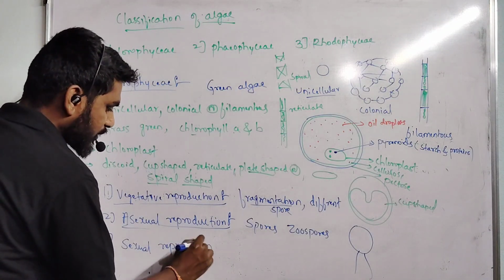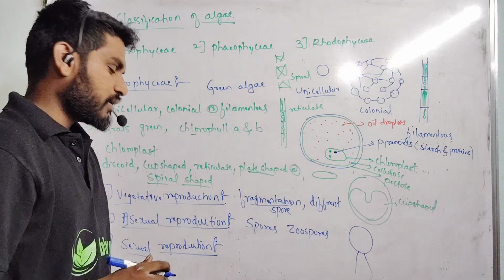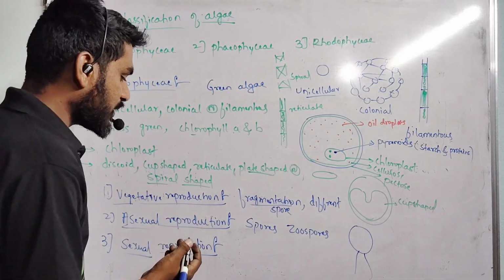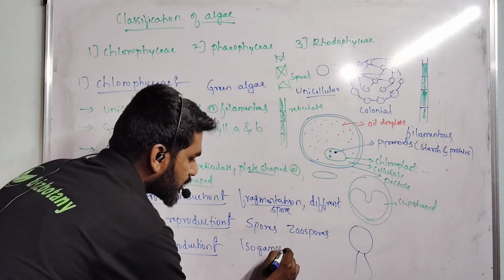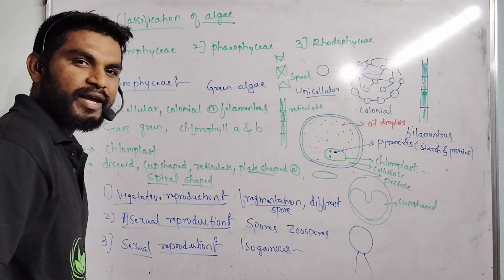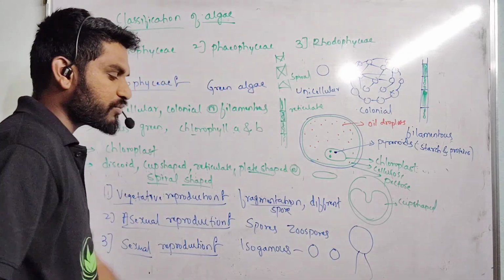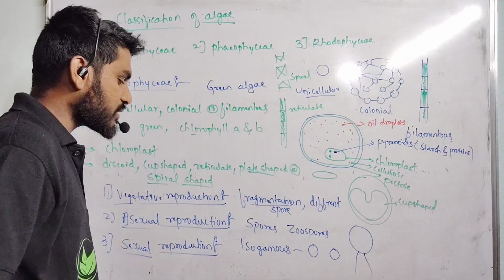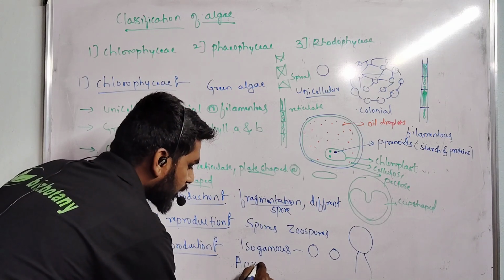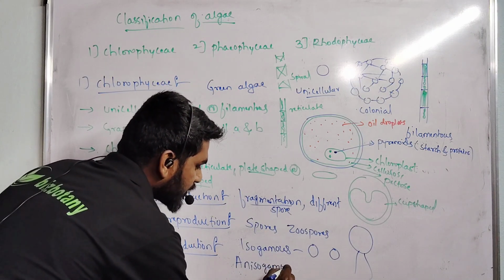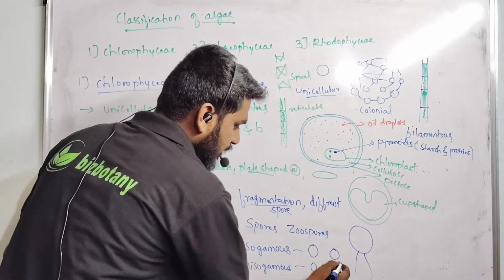In sexual reproduction of Chlorophyceae algae, different kinds of gametes will be formed. It may be isogamous, means male and female gametes are morphologically similar. Anisogamous means male and female gametes are morphologically different.